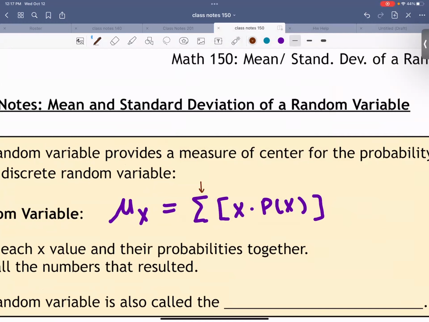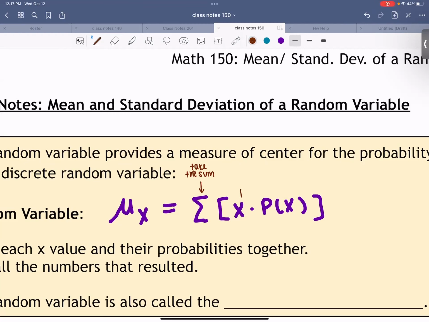Yeah, it means the sum. Whenever you see this funky little E turned on its side, this just means the sum, or take the sum of. And it basically means everything after it that's in the brackets is what we're taking the sum of.